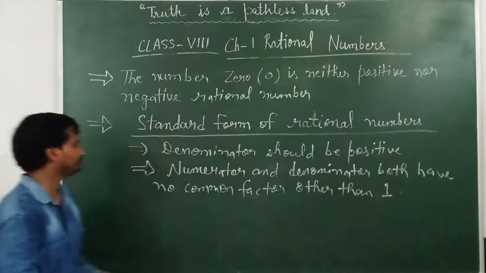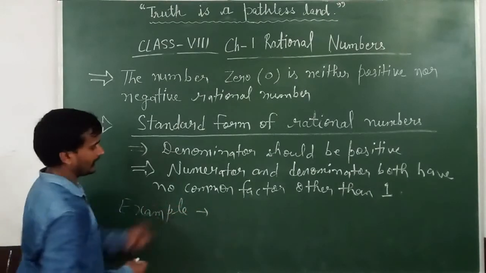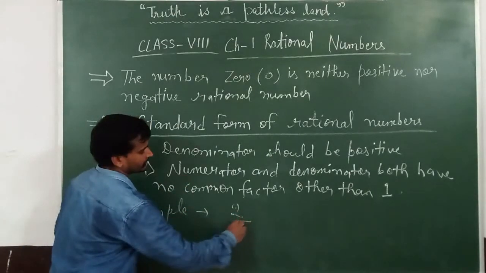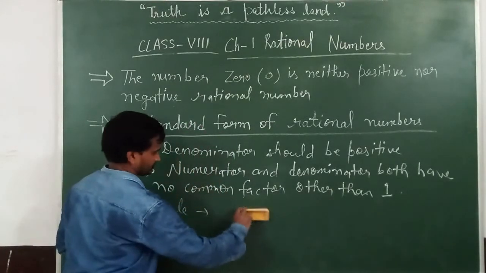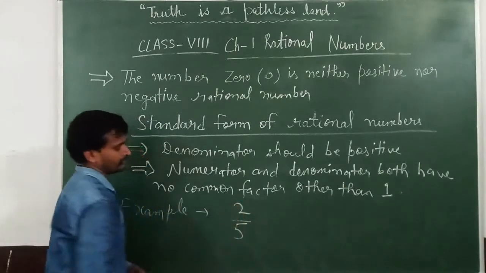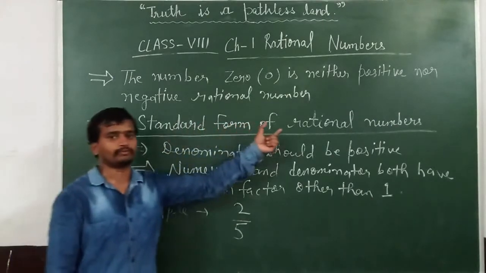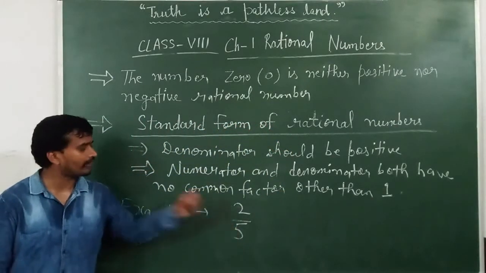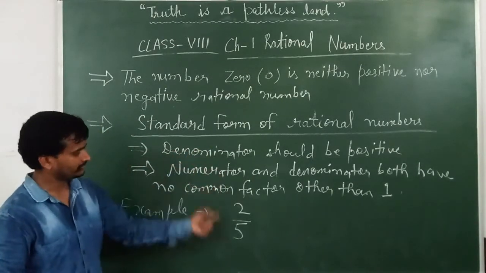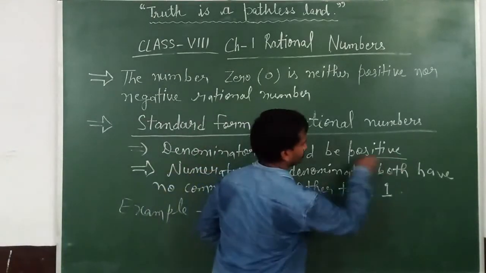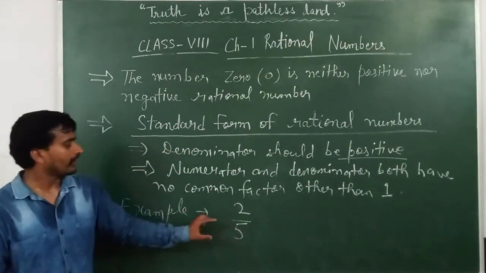For example, if we talk about 2 upon 5, 2 upon 5 is in the standard form. How? First of all we will check the denominator. The denominator should be positive. Here 5 is a positive integer.